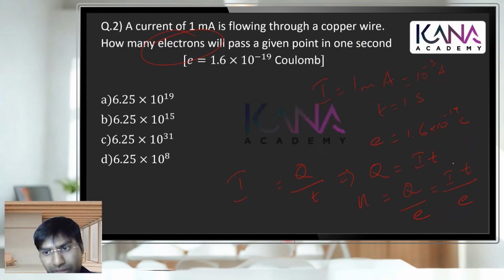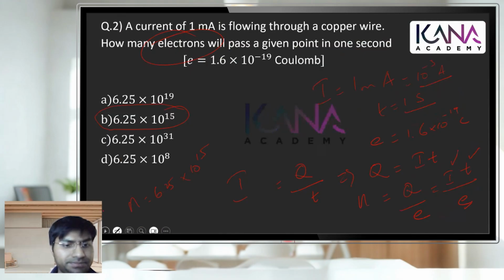We know I is 10 power minus 3, and time is 1 second, and we know the value of e. If you substitute all of this, you get N as 6.25 into 10 power 15. So it's option B.